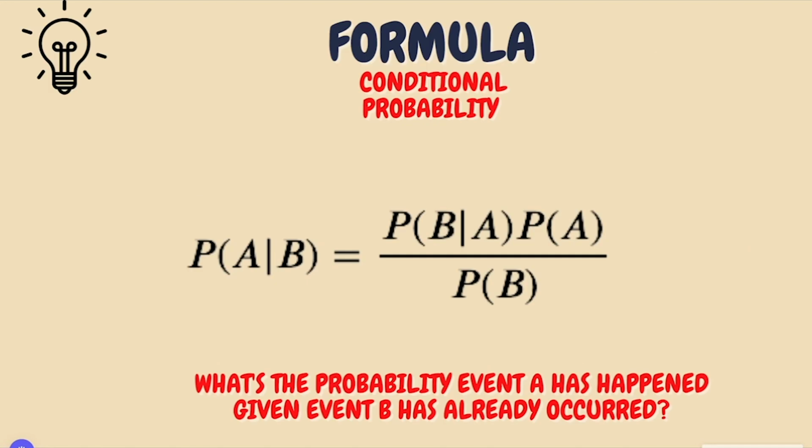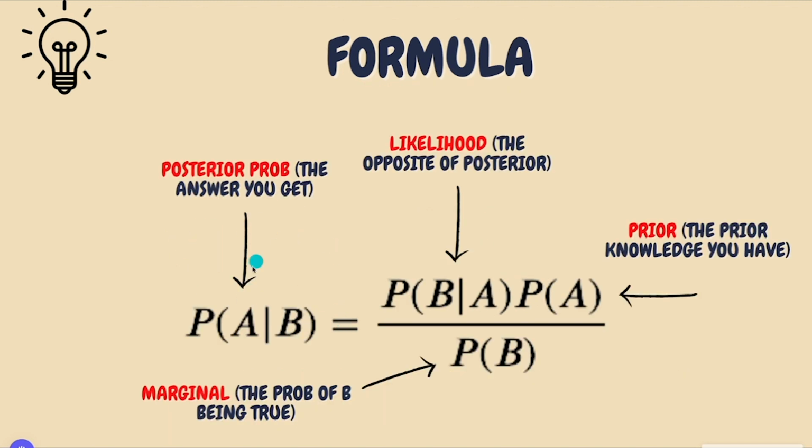So the formula is based off of conditional probability. It answers the question, what is the probability event A has happened given that event B has already occurred? So this pipe right here is called given, right? That's how we say it. So it's the probability of A given B. This formula on the left-hand side, you get out a posterior probability.